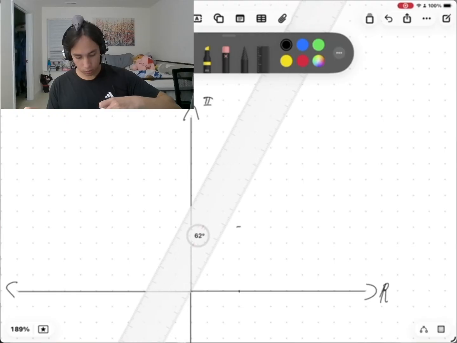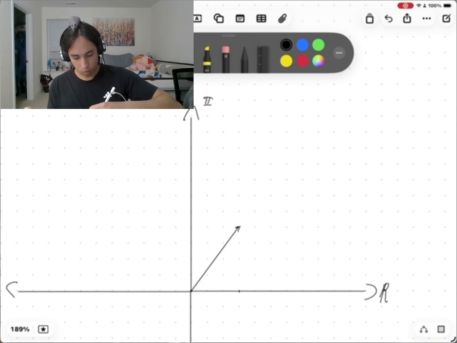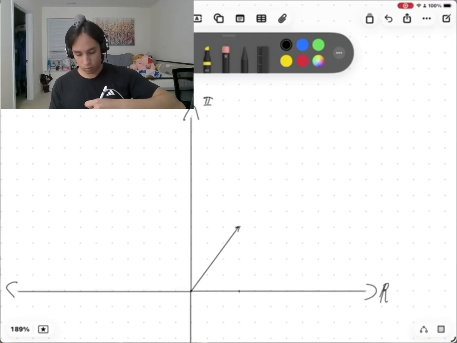Now we draw. I'll draw a straight line from here to there. We go boom. That's our first vector. And then our second vector is 5 plus 2i. 3, 4, 5. Boom. 2i.